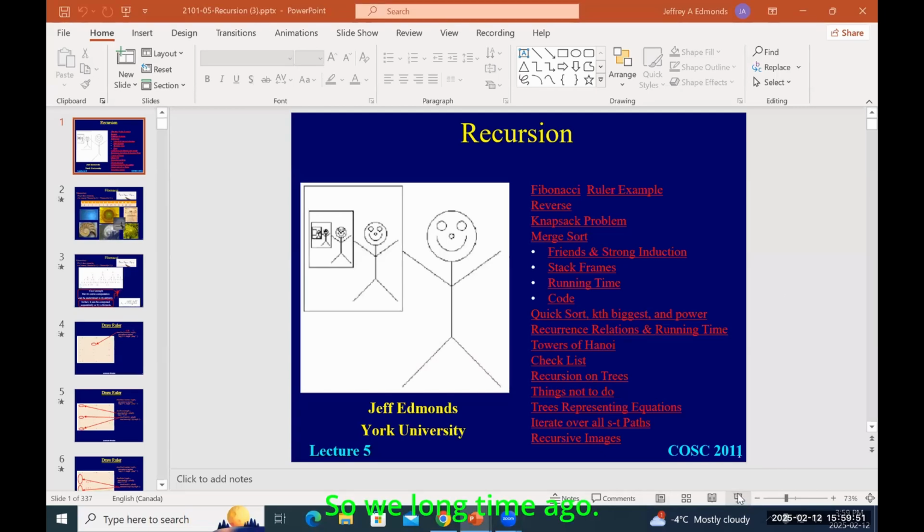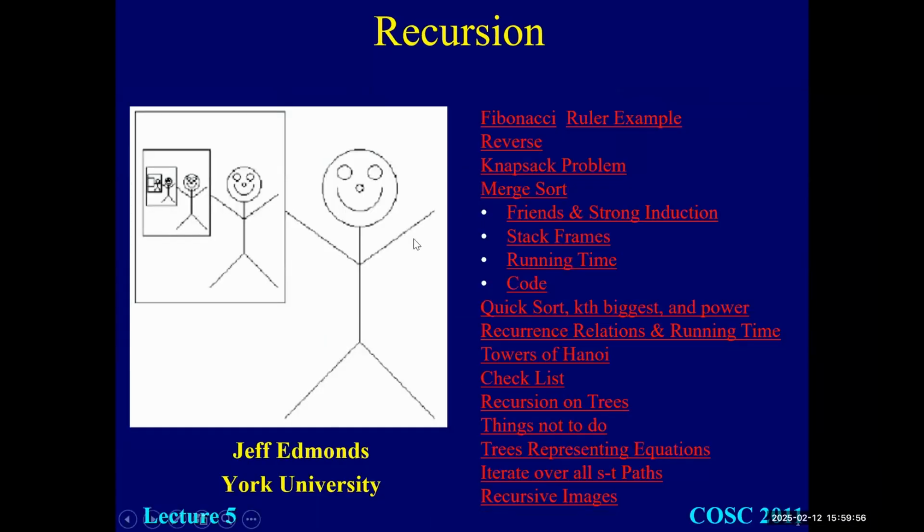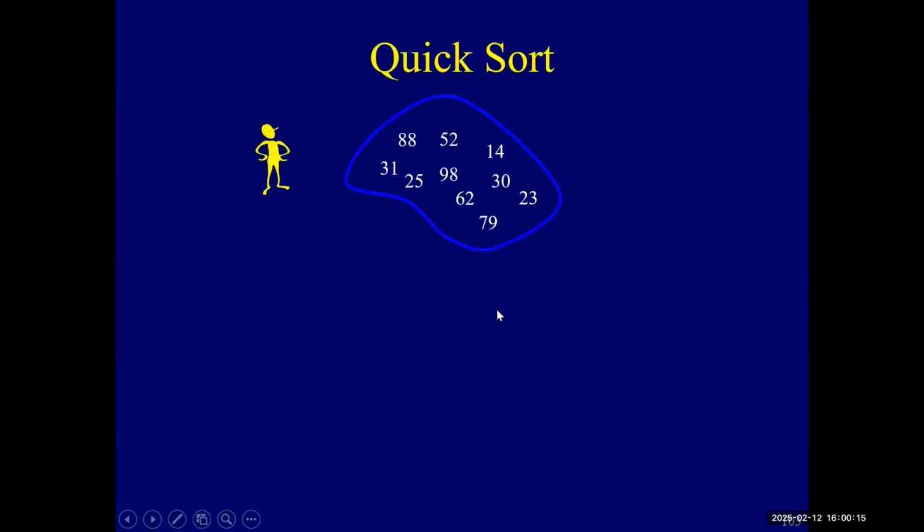So a long time ago, we were doing recursion, and I'm pretty sure we got through merge sort. So what we'll do now is quicksort. Back in the 70s, sorting fast was what computers were really working on because they were slow, and this was a faster algorithm.